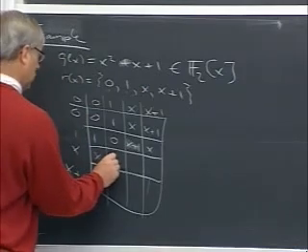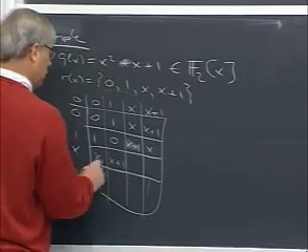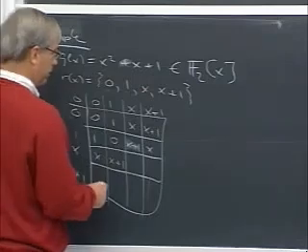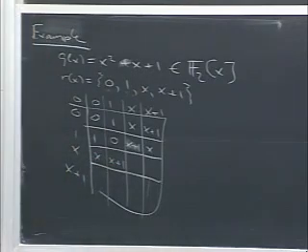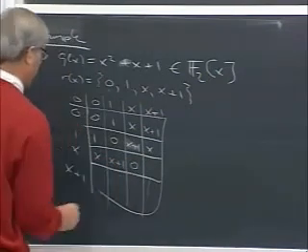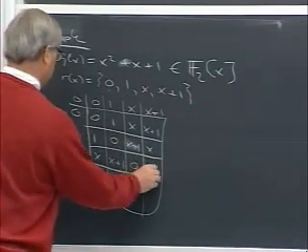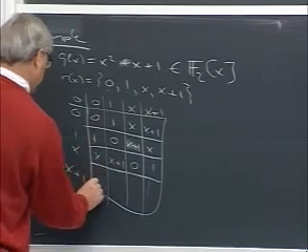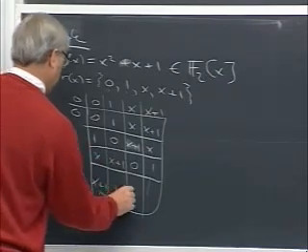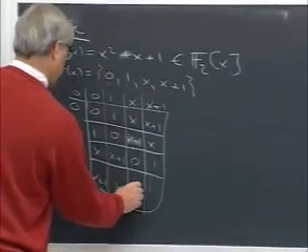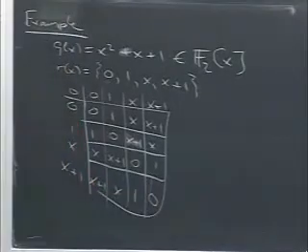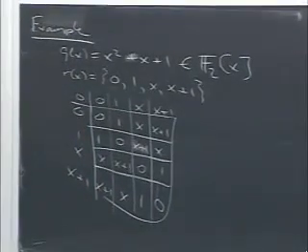X plus x is what? 0. Thank you. X plus 1 is 1 and 0. So that's what the addition table looks like.